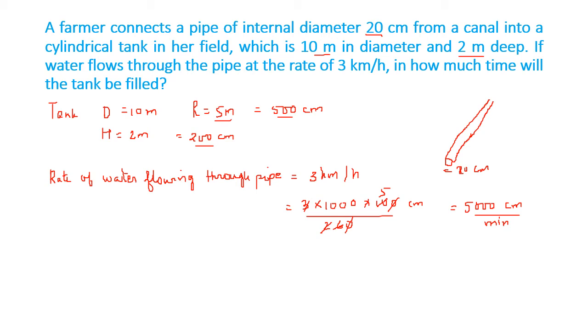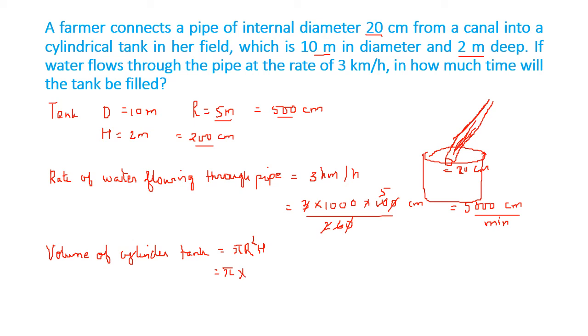Now the volume of the water flowing through the pipe will be the volume of the cylindrical tank, because it is flowing at the same rate. The volume of the cylindrical tank is pi r square h.